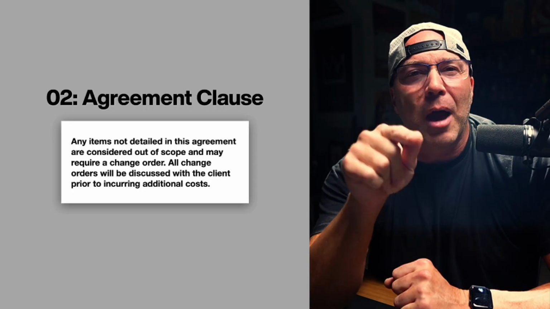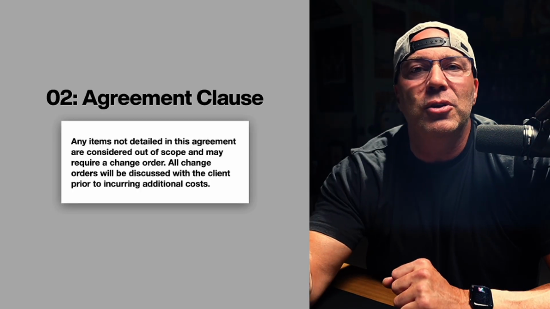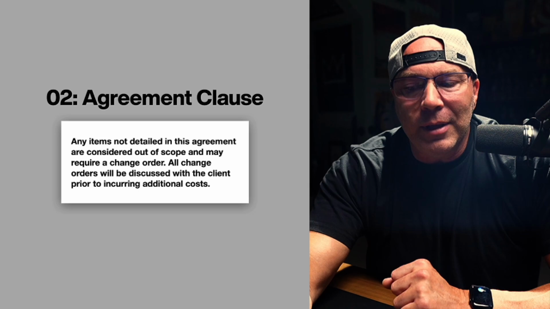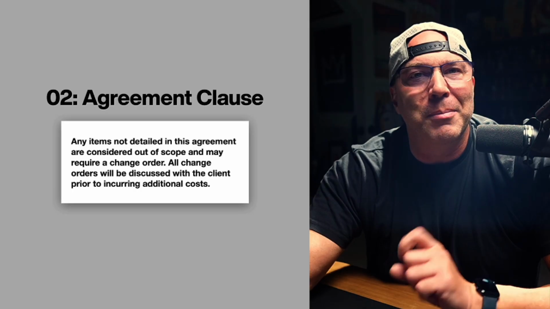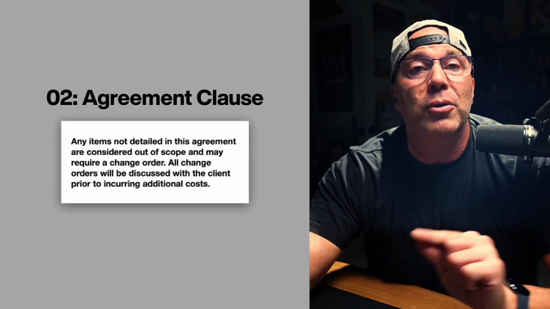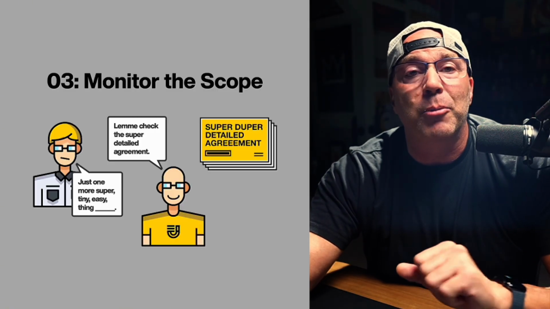So that's the clause. Copy it right here, stick it into your agreement. It basically is saying in one sentence, if it's not in this document, it's out of scope and we might have to charge more for it. That's what you want to have in your agreement. That clause is super important to empower you to send a change order, modify the price.